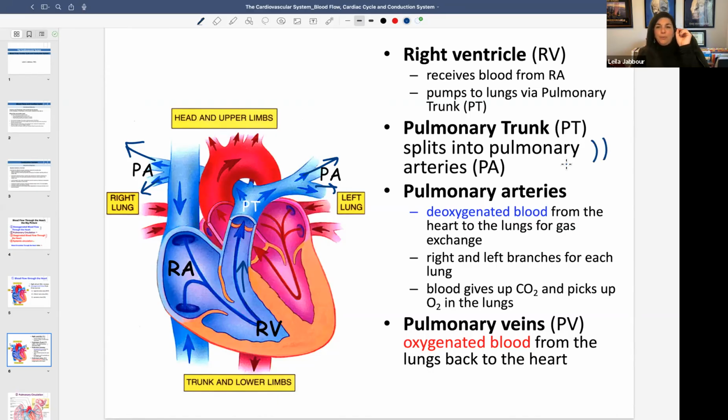Okay, so the pulmonary trunk splits into pulmonary arteries that will take this deoxygenated blood to the lungs.